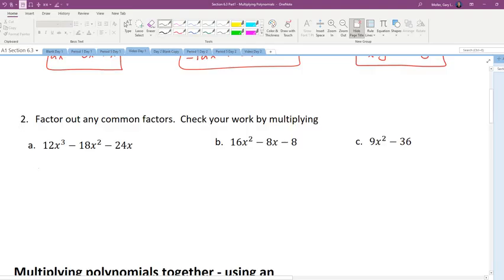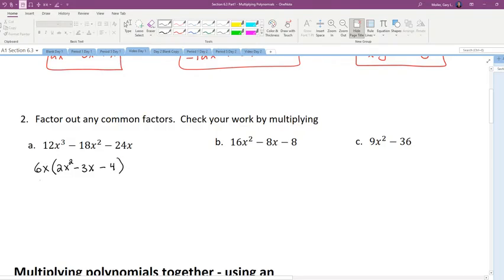So I can factor out a 6x, leaving me with a 2, an x squared, minus a 3 and an x, minus a 4 and no other additional x's.